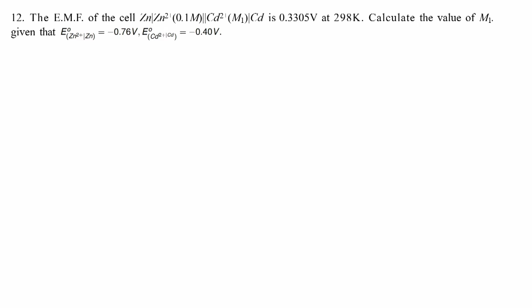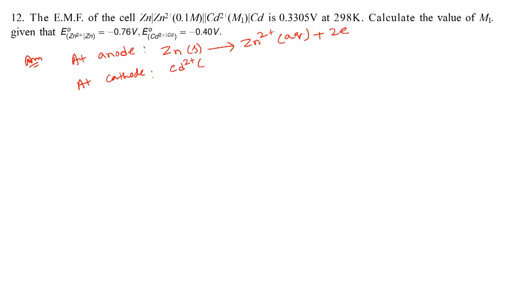The half cell reactions: at the anode, oxidation takes place, so Zn solid goes to Zn2+ aqueous plus 2 electrons. At the cathode, reduction takes place, so Cd2+ aqueous plus 2 electrons gives Cd solid.